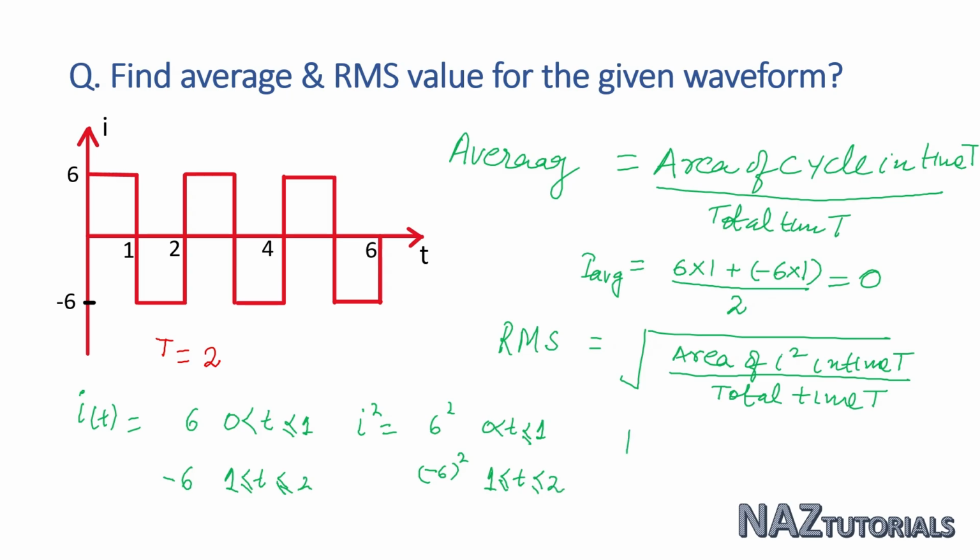Now you can easily calculate this RMS: square root of 6 square into 1 plus -6 square into 1, divided by total time, the time period of 2 seconds. So here we can easily calculate our RMS value is 6 ampere.